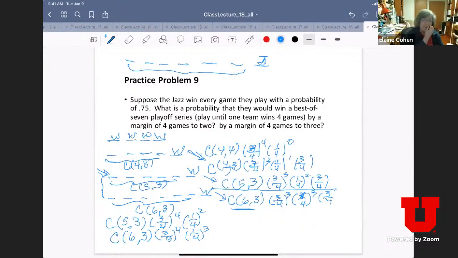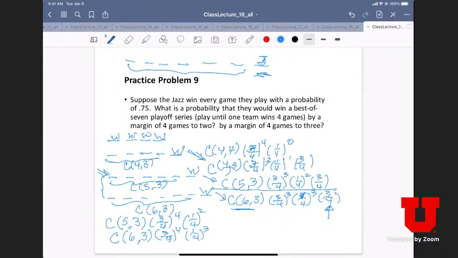That's a little confusing. The unknowns in that problem, yes, it's 3, but the probability, you have to throw in the fact that the probability of winning the 7th game was only 3/4 also.